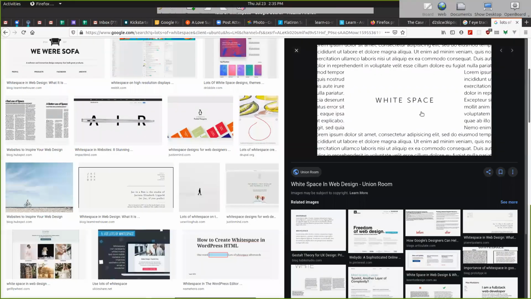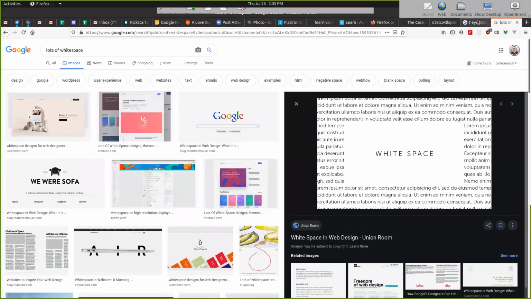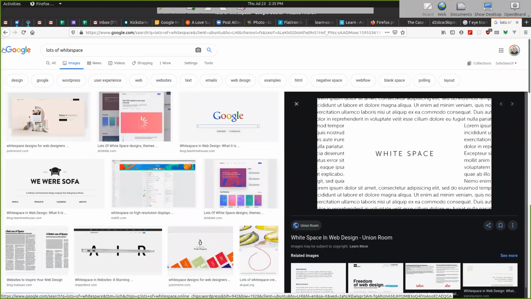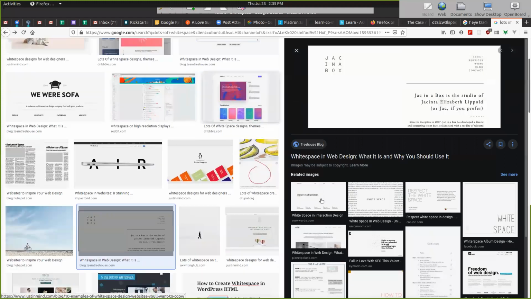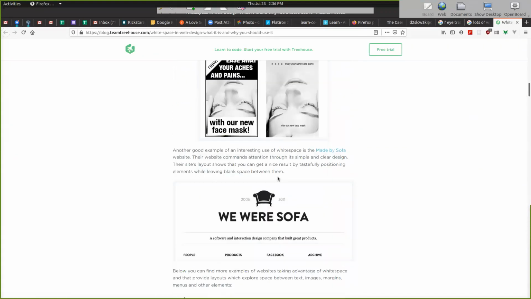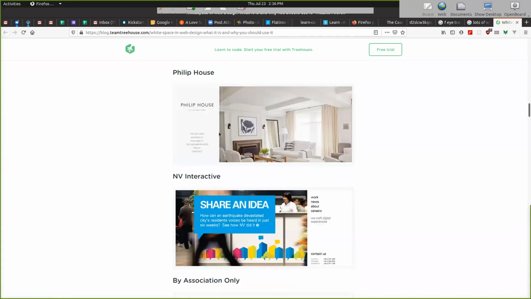So to go back to some of this stuff. Something like this design that has a lot of centering on it, it's still just the text, and I still hate it.